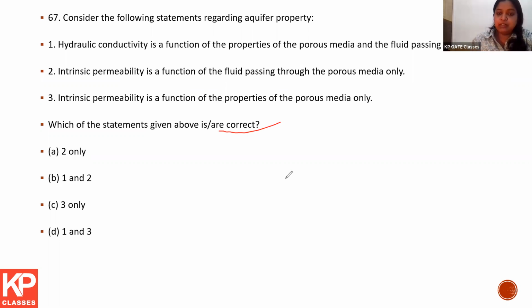Hydraulic conductivity is intrinsic permeability times density times acceleration due to gravity of fluid, divided by viscosity of fluid. This is the equation of hydraulic conductivity. Hydraulic conductivity depends upon the property of the porous medium and the properties of the fluid, density and viscosity, passing through it. So option number 1 is a correct option.